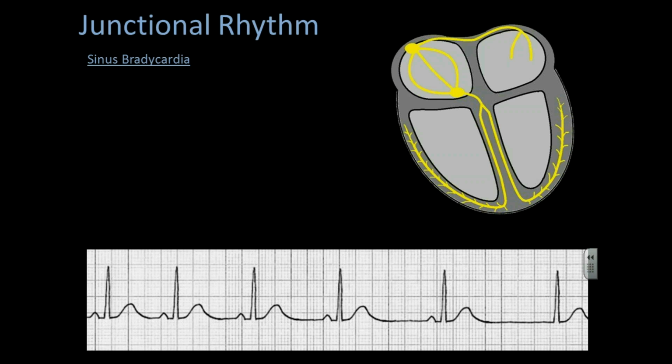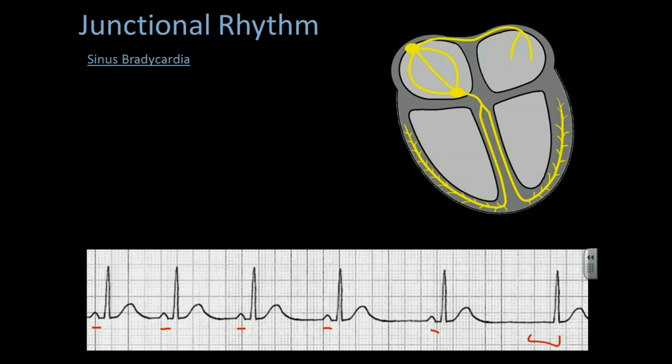So it looks like you see P waves. There's one. There's one. Every QRS has a P wave, it looks like. There's a 1-to-1 ratio. Except for here. I don't see a P wave there. I wonder why.